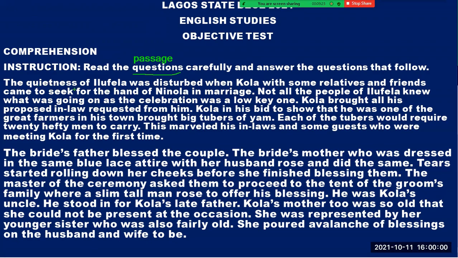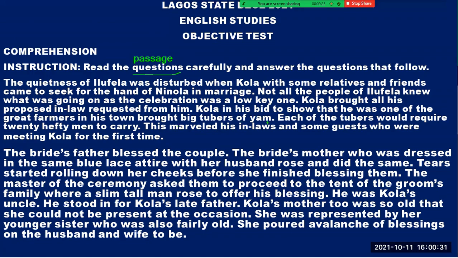Now, the quietness of Ilufela was disturbed when Kola, with some relatives and friends, came to seek for the hand of Ninola in marriage. Not all the people of Ilufela knew what was going on, as the celebration was a low-key one. Kola brought all his proposed in-law requested from him.